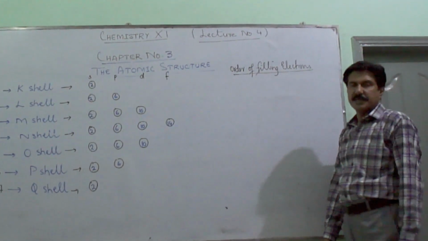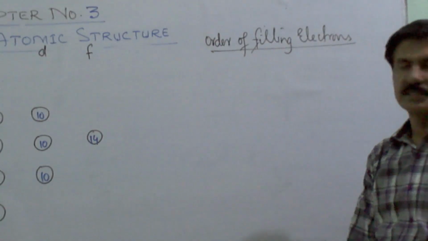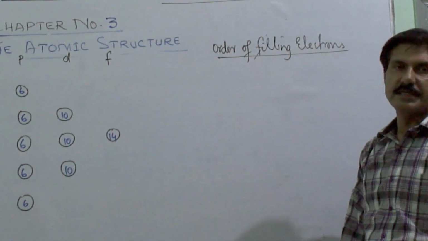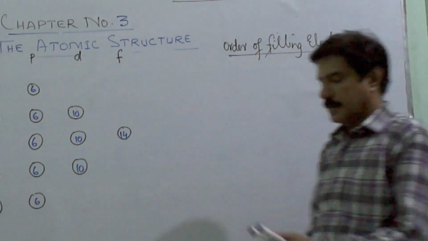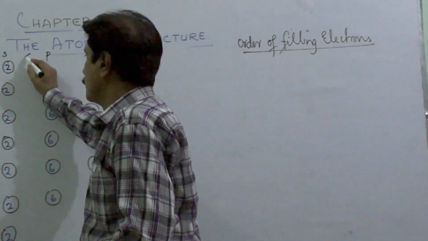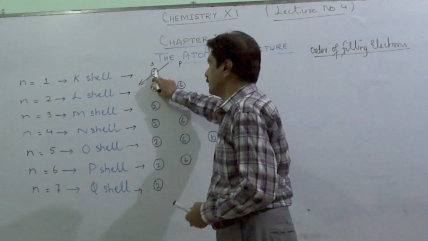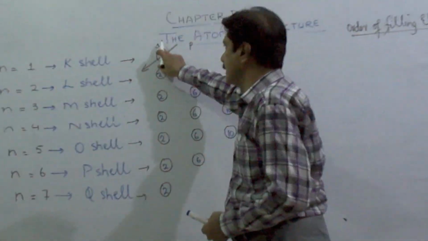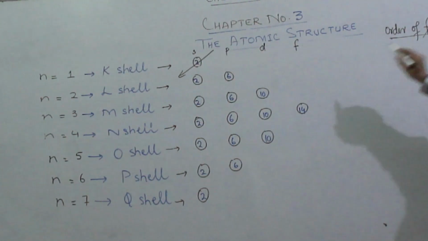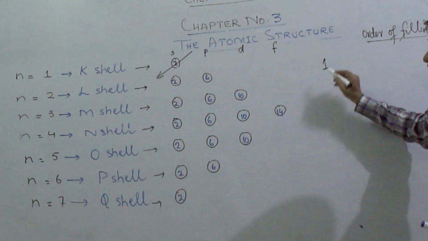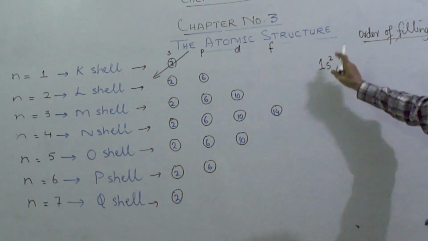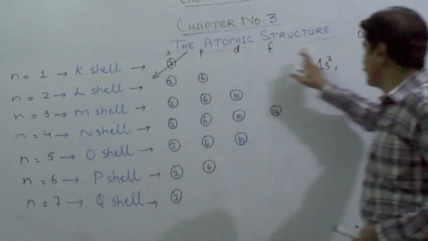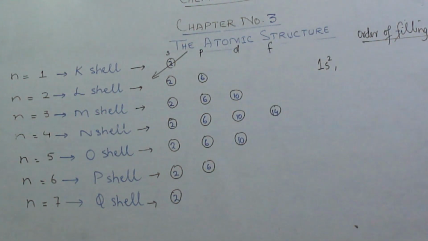Dear students, I must tell you here that the Aufbau principle is the basic principle which represents the ground state configuration for the elements. Now, the first 2 electrons will be allowed to enter the s orbital of the first shell. So I must write here: first is the number of the shell, s is the subshell, and 2 is the number of electrons which will enter the s orbital of the first shell.